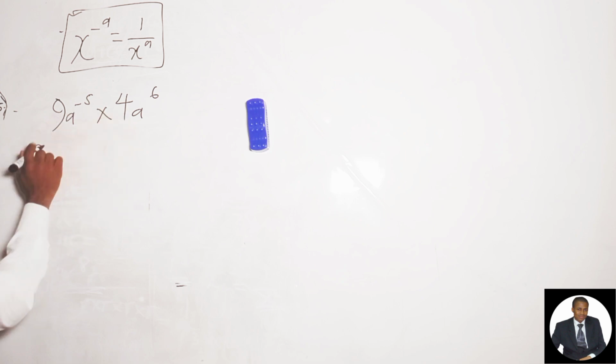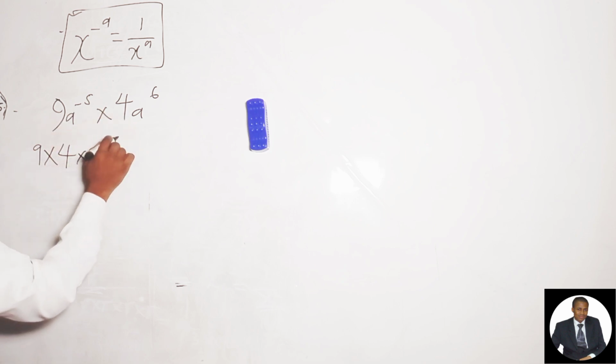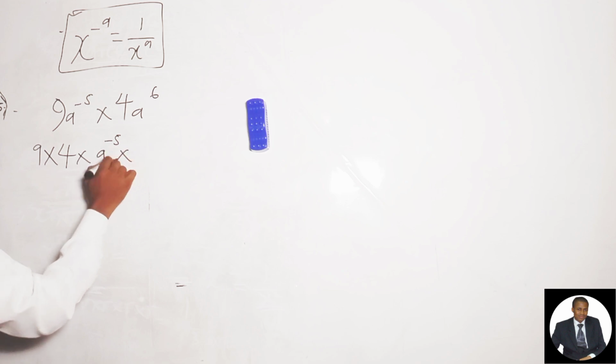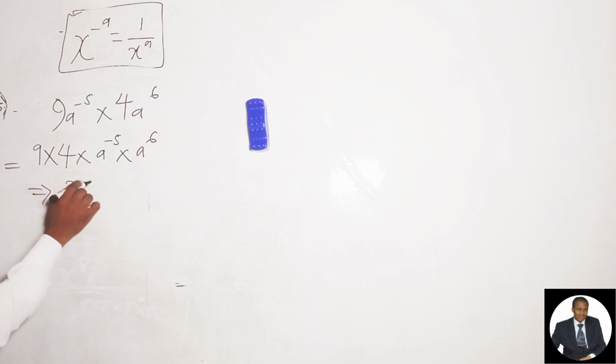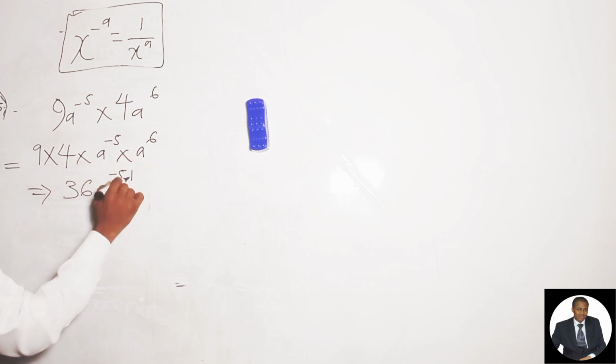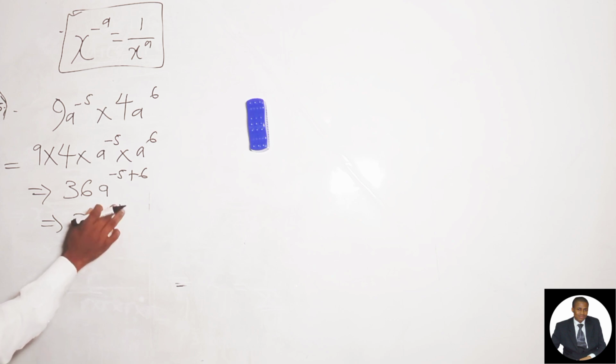Let's bring all the integers together, times 4 times a to the power minus 5 times a to the power 6. This is 36, we pick one of the bases, a to the power minus 5 plus 6. That's 36a to the power 1. But we will not write the 1, we'll just leave it like this.